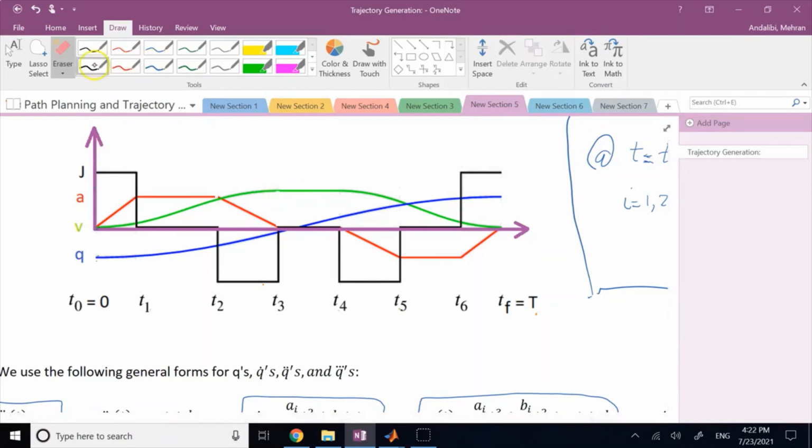So what I will do, I will connect this point where the linear velocity, the constant velocity starts, to the beginning, and I also connect the end point T4 to T7. If I connect them with two lines, let me see if I can connect them for you. Okay. There we go.